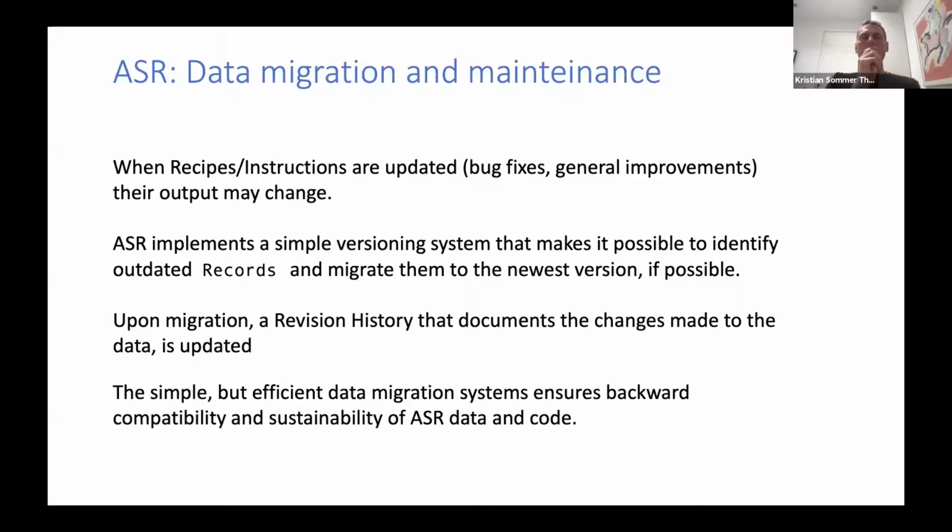And therefore, you need tools to bring that data up to date. And to do that in an efficient way, ASR has a versioning system. So a recipe or an instruction, in fact, has a version number. And that makes it possible to identify whether a given record is actually something that has been produced with an older version of this recipe.